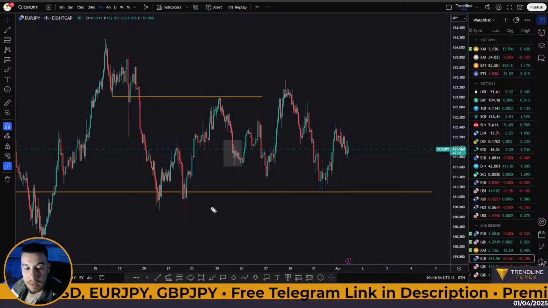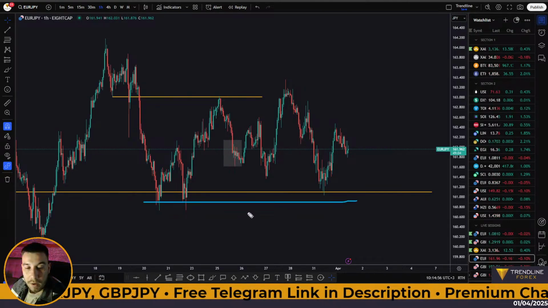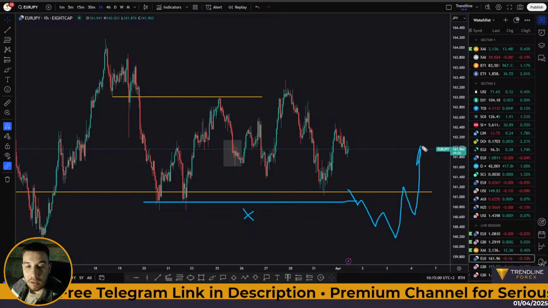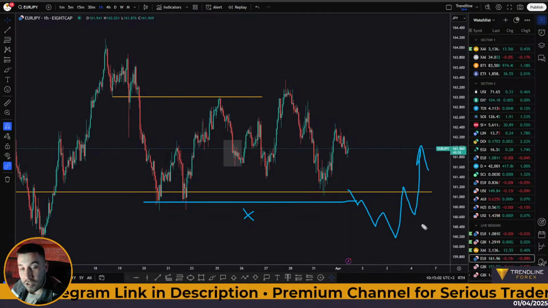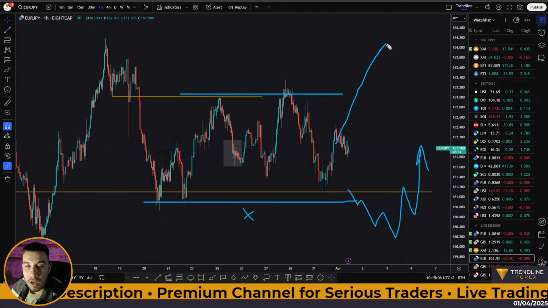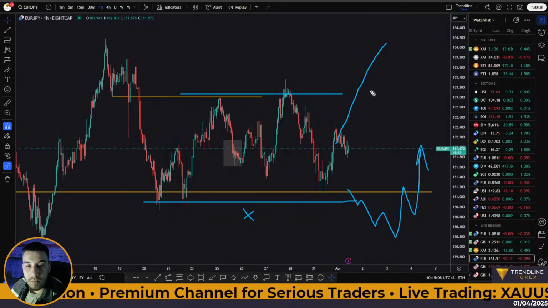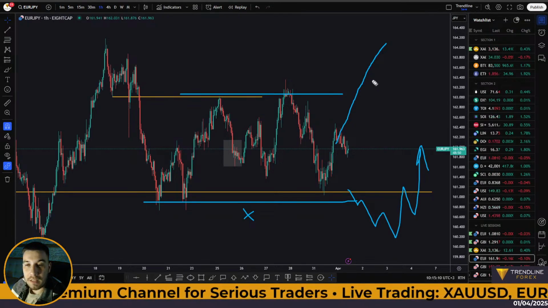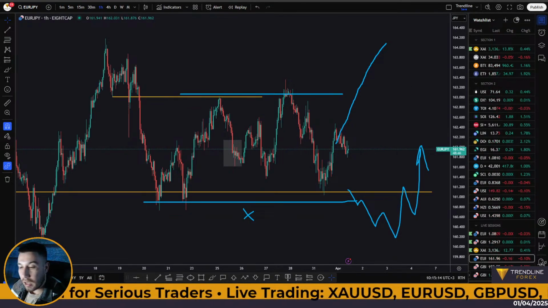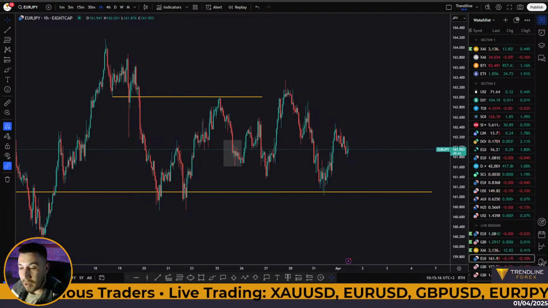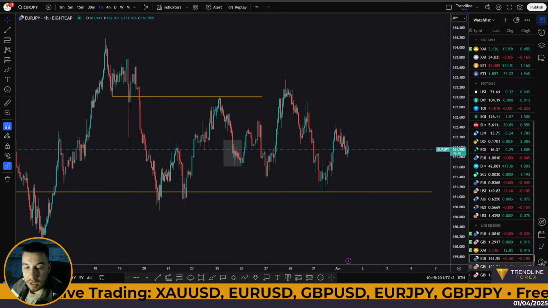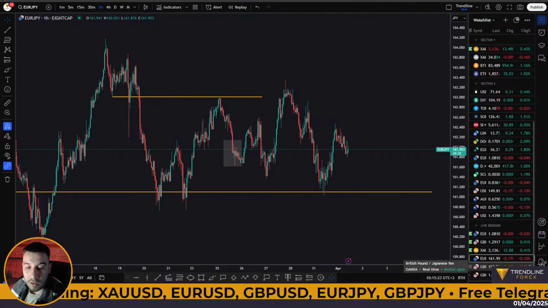Okay, so for example, if you're waiting for price to take out all that structure right here to then enter a buy position, but that does not happen, and instead price breaks above that, well, then you're just waiting for exactly the same setup later on, whether it's the next day or even next week. Okay, if you manage to be disciplined enough to do that, trust me, your trading is going to get a lot better than it is now.